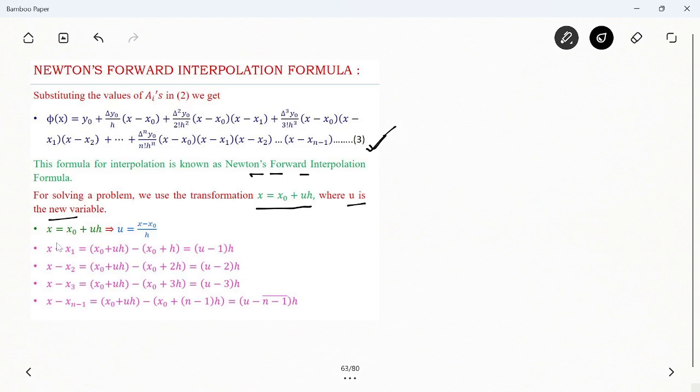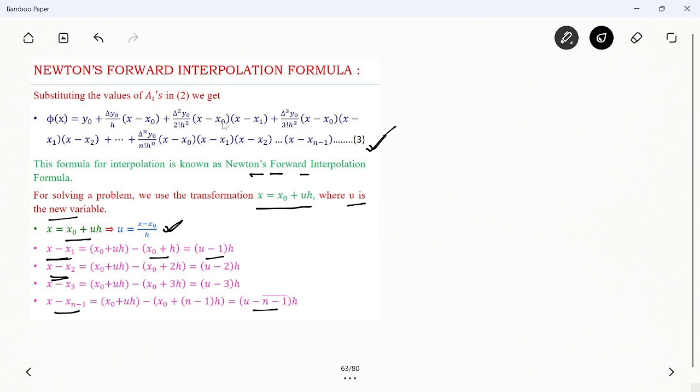So this is written as u equals x minus x0 by h. Similarly, x minus x1: x is x0 plus u h and x1 is x0 plus h, so if we simplify, we get u minus 1 into h. X minus x2, where x2 is x0 plus 2h, will be u minus 2 into h. Similarly, x minus x(n minus 1) is u minus (n minus 1) into h.